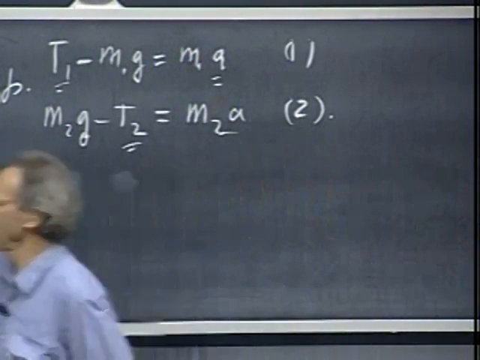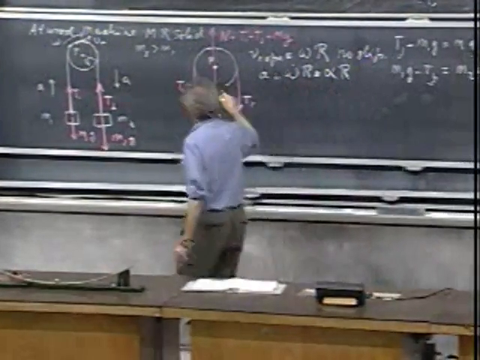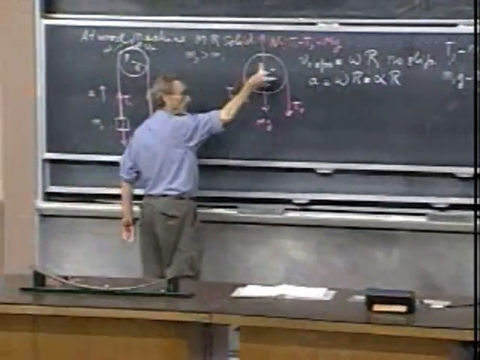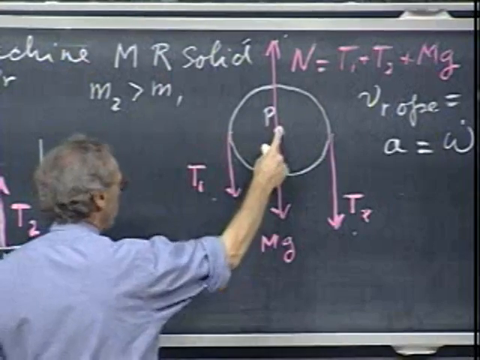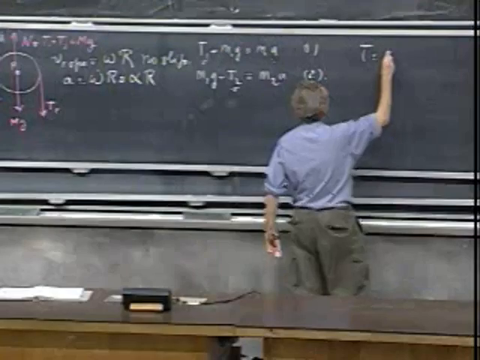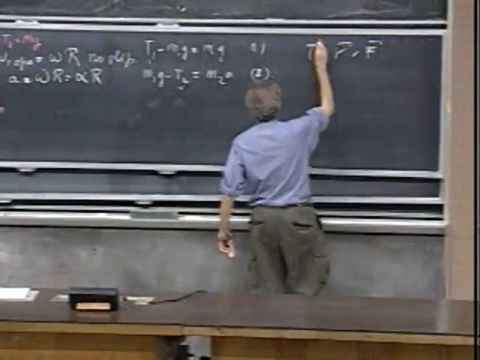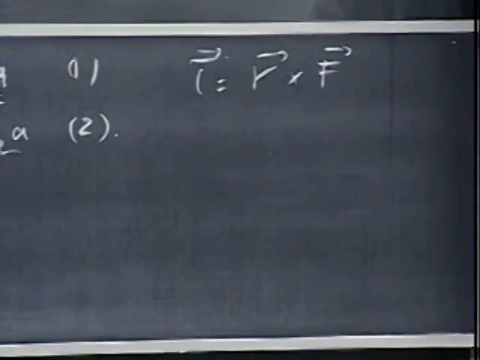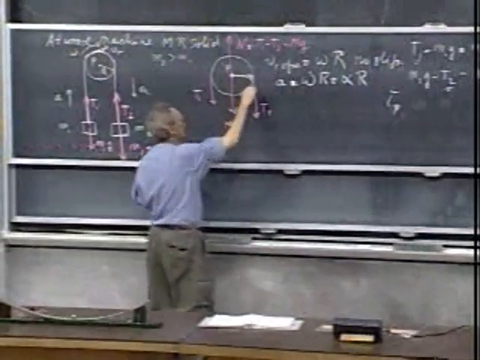I also have to think about the pulley. The net force on the pulley is 0. That's why this stays in place, but it's going to rotate, because this force, T2, is larger than this T1. There is a torque relative to that point, P, and torque is defined as R cross F. But the torque relative to point P, the magnitude, is this position vector times this force.